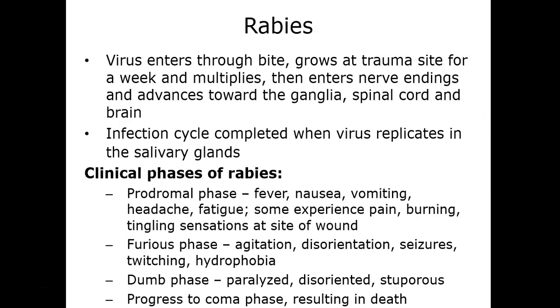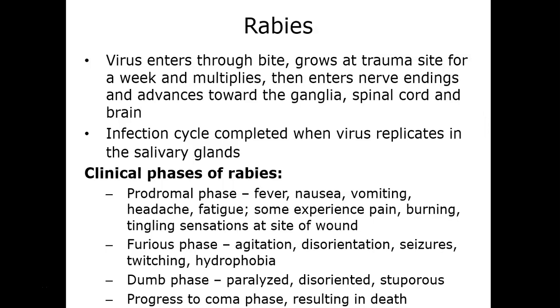So if you're bit on the ankle by an animal, the journey for the virus is going to be much longer until it reaches the brain. If you're bit on the upper arm, for instance, the spread is going to occur much quicker. Also, on top of the length of the journey, happens to be the amount of virus that enters into the wound. So that is also going to shape how long of an incubation period the virus has.